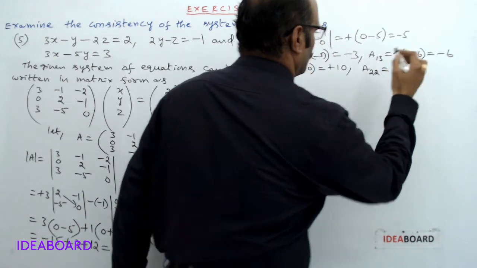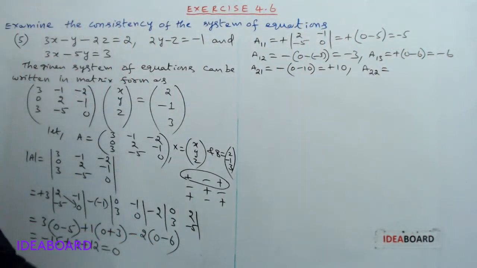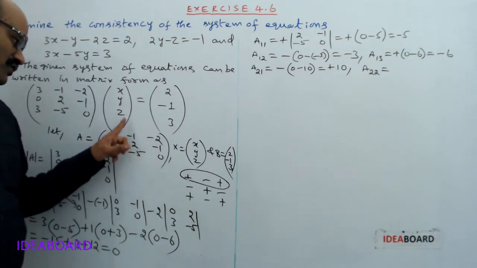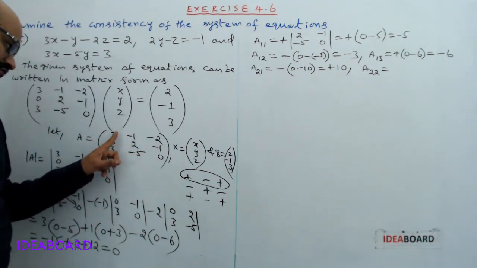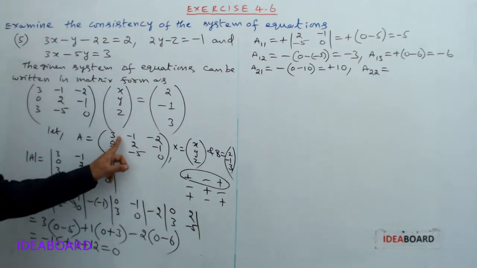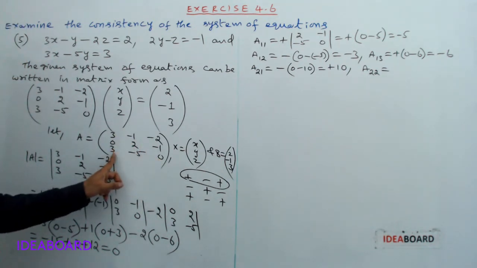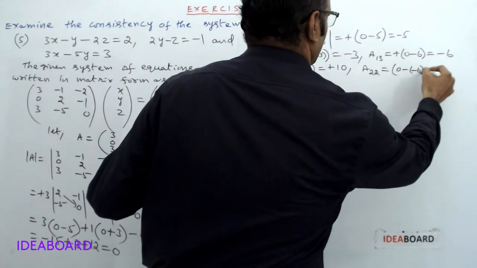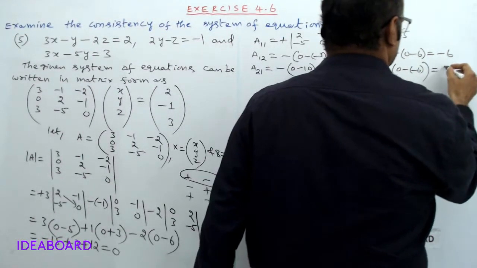A22 equal to the element 2 lies in second row and second column. So we have to take the 4 elements 3, minus 2, 3, 0. So 3 into 0, 0 minus of minus 6. 0 minus of minus 6 equal to plus 6.